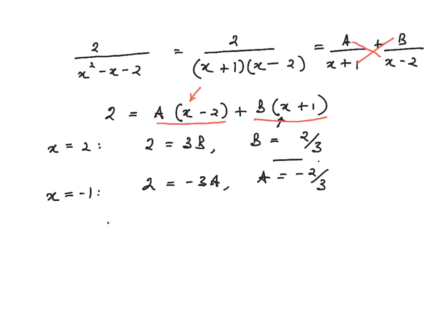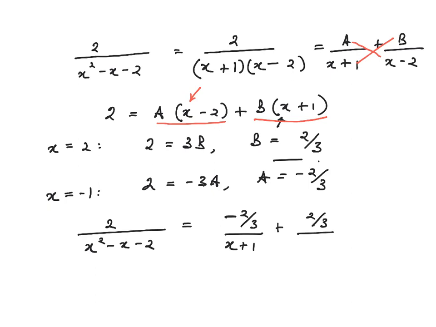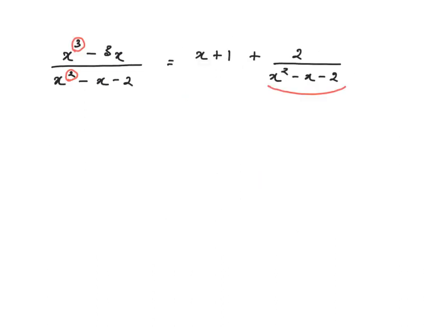And that means that we have the function written as minus 2/3 over x plus 1 plus 2/3 over x minus 2. So this is what we started with.